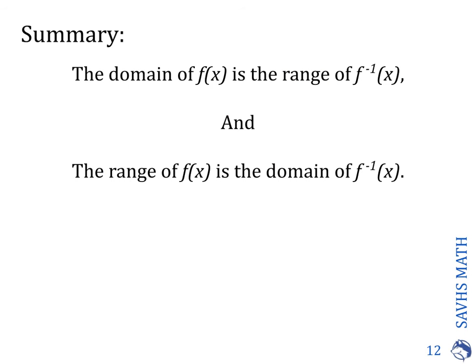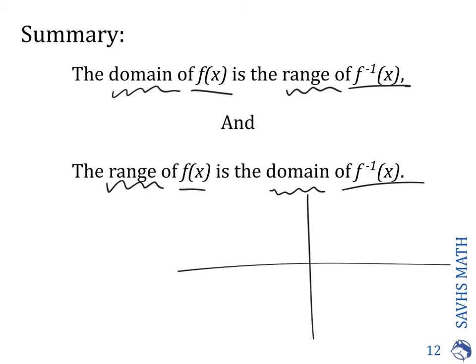Okay, so if we can kind of sum this up here, basically the big point here is that if you have a function and its inverse, the domain of the function becomes the range of the inverse, and the range of the function becomes the domain of the inverse. And this sort of makes sense because, as we've seen before, we have those two graphs that look like this.